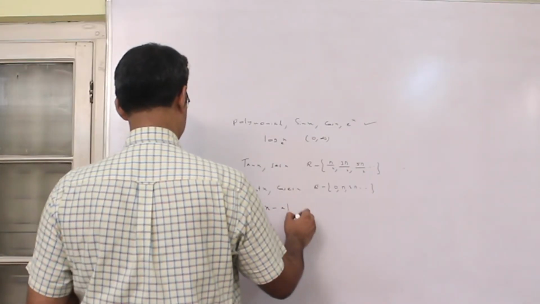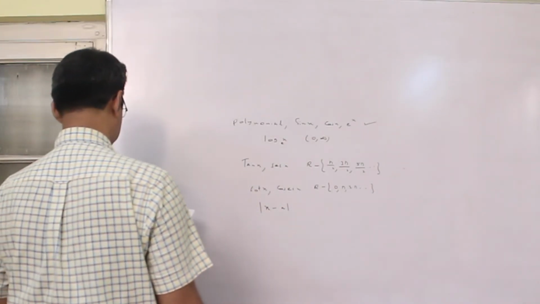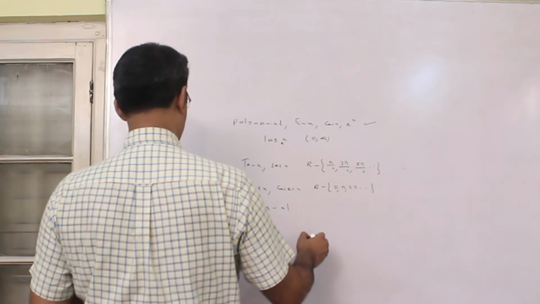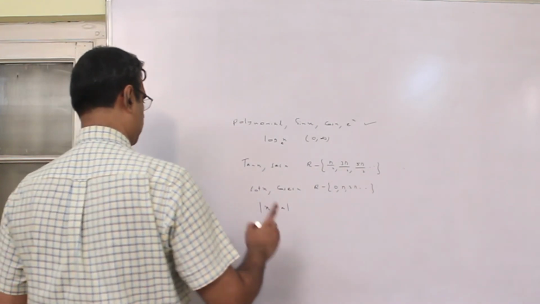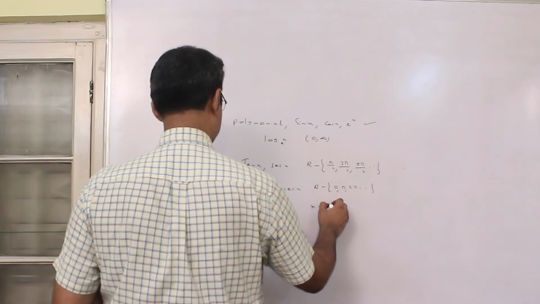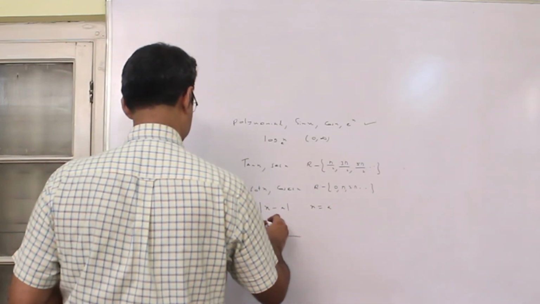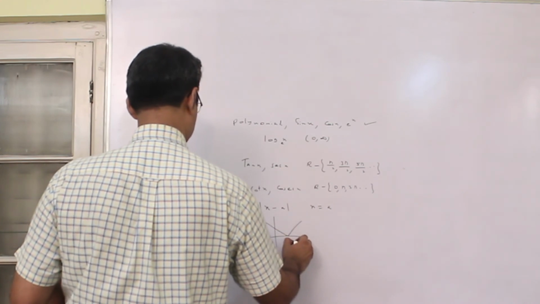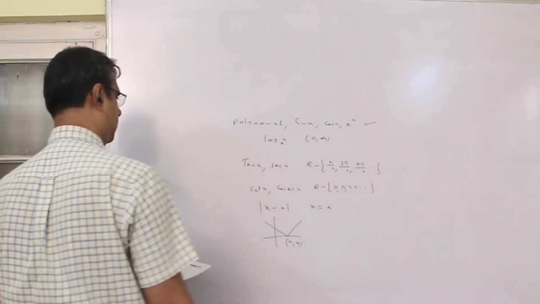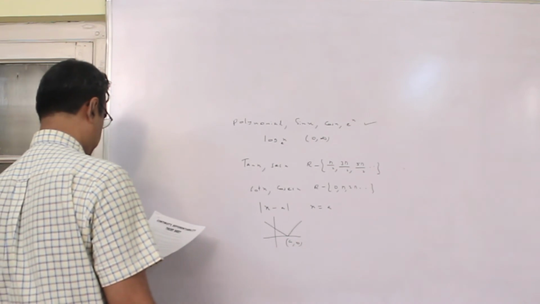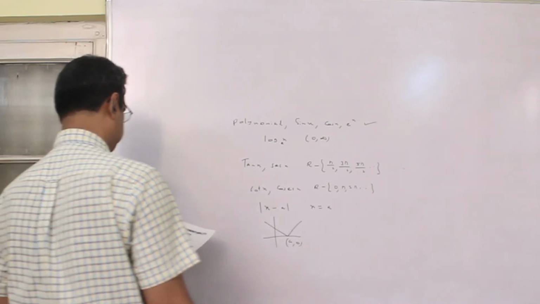Then modulus x minus a is continuous everywhere, but it is not differentiable at x equal to a. The graph of modulus x minus a will look like this. So you can see that it is continuous everywhere but not differentiable at x equal to a.